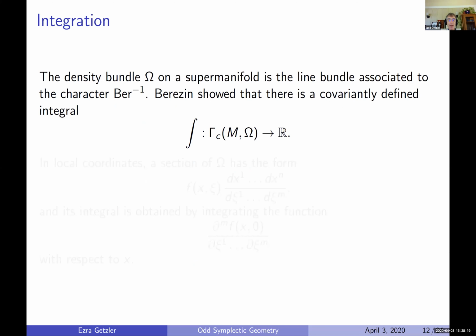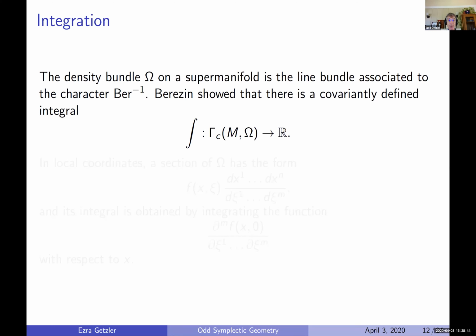So we can form a line bundle. When I say line bundle, its dimension is 1|0. It doesn't have any odd directions. And it's associated to the character of the structure supergroup, the inverse of the Berezinian. So that's the density bundle, or volume form bundle.